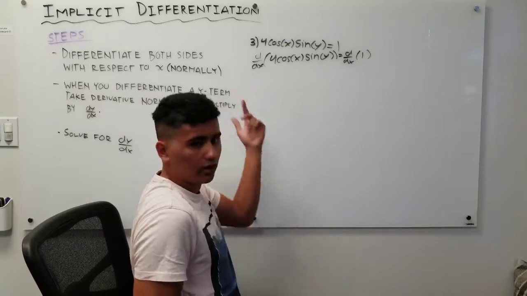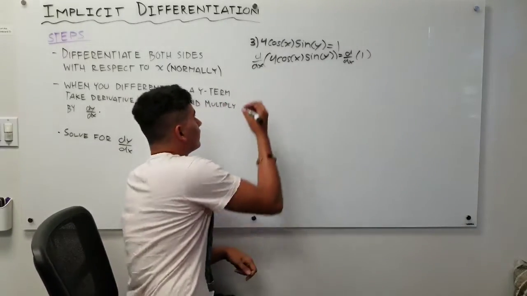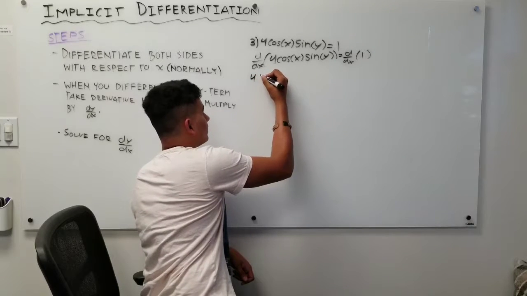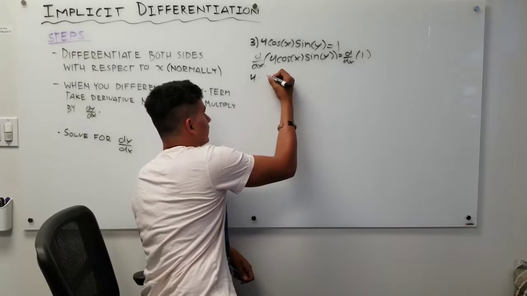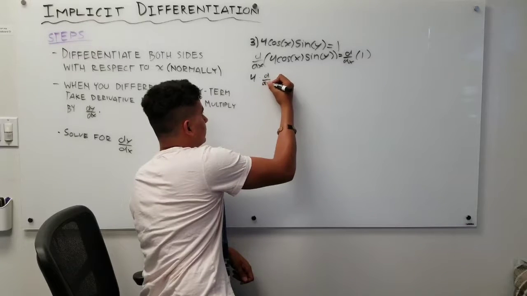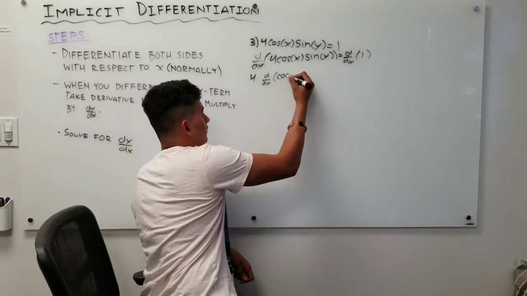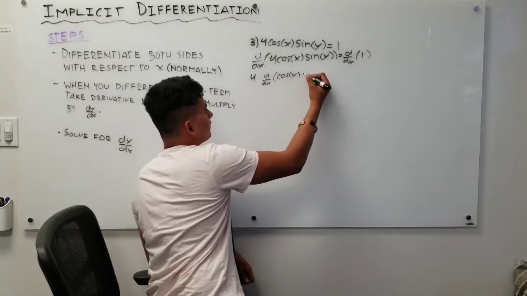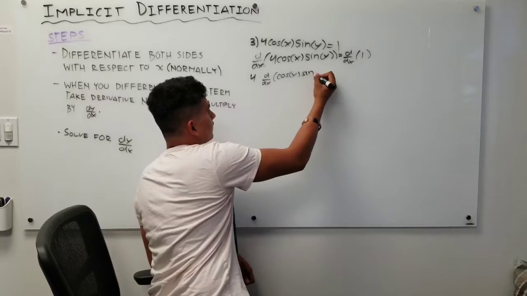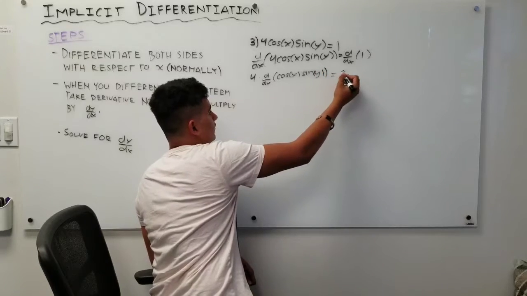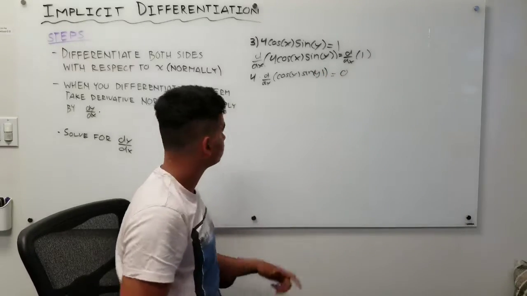Now we could take the 4 out because it's a constant, and we could just take the product rule of this, but we're going to follow the steps. 4 times d dx of cos x sine y, and it's equal to 0 because the derivative of a constant is 0.